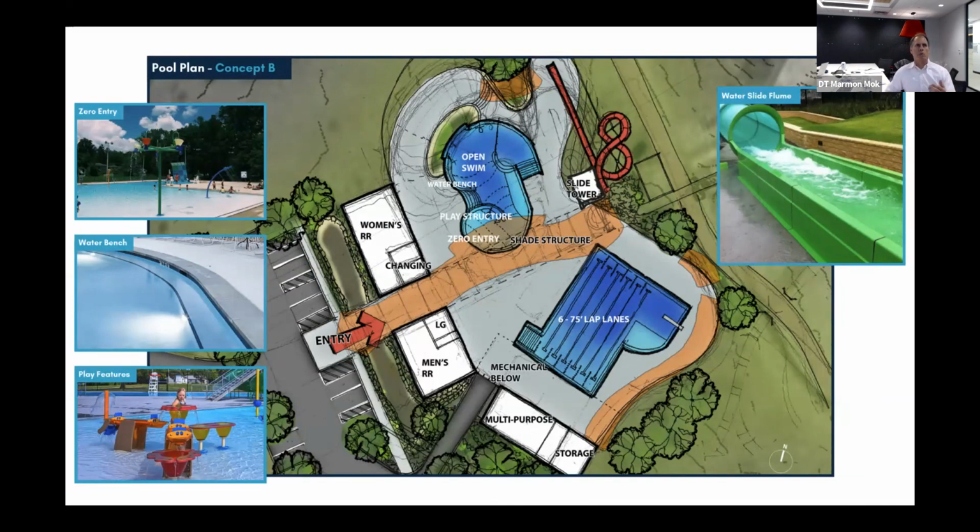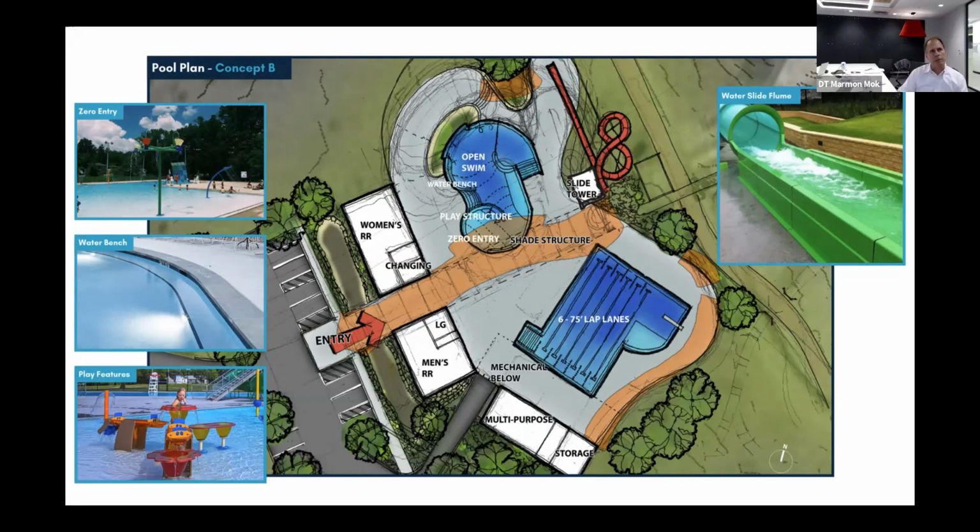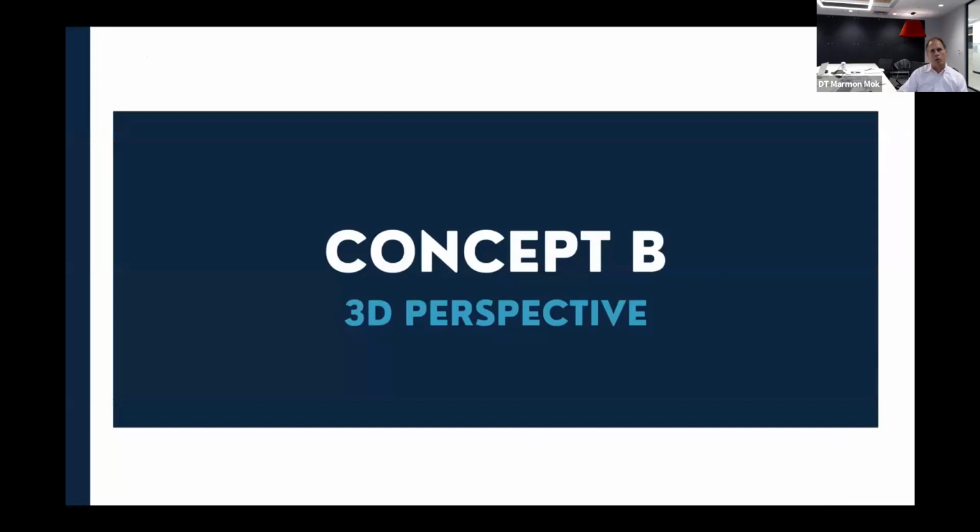All the features that were shown with the zero entry and the water bench and the play features, the water slide, are all included in option or concept B as well. In this concept, the multi-purpose room is generally closer to the lap pool and not quite as close to the entry. So a little bit of difference there. Okay, we'll go to the computer model and we'll tell you a little bit more about the geometry of the oval leisure pool.